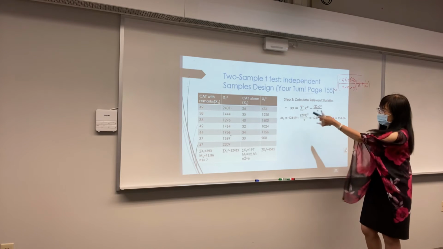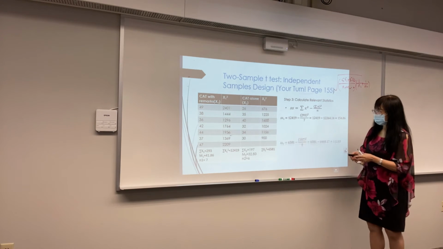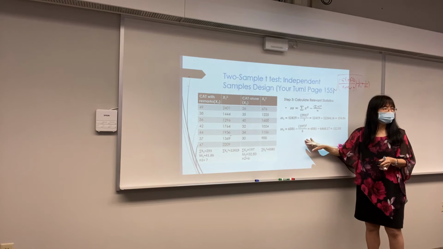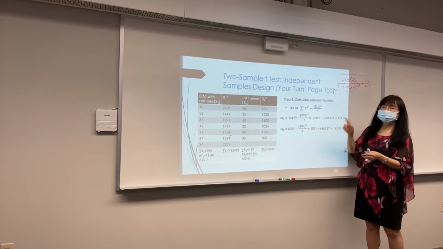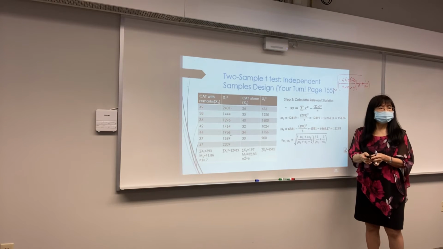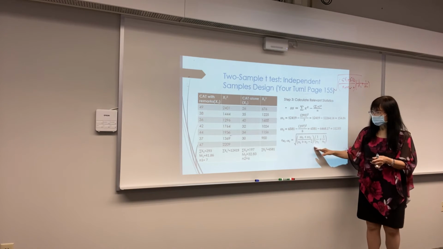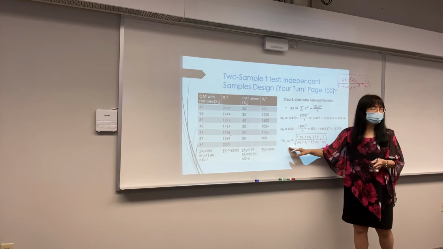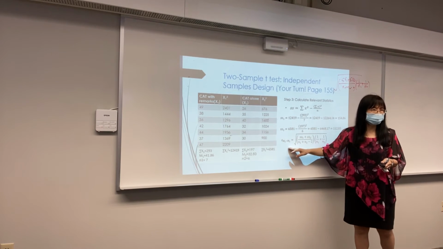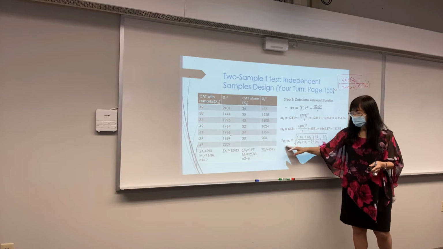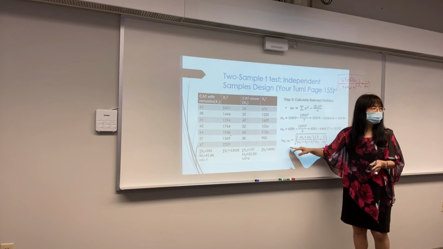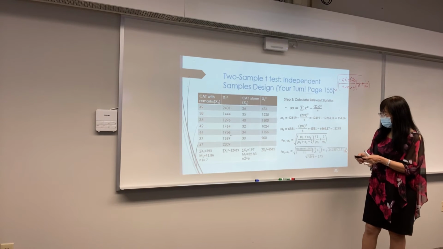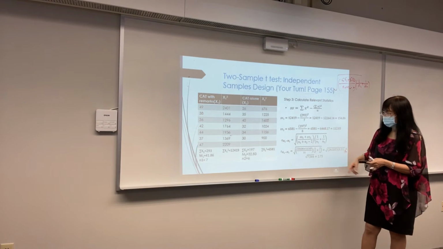So you have to do all this work, SS1 and SS2, and then put it in this formula and calculate to get your S of M1 minus M2. Sorry, I should not say minus, I should say dash, S of M1 dash M2. And you got this number.